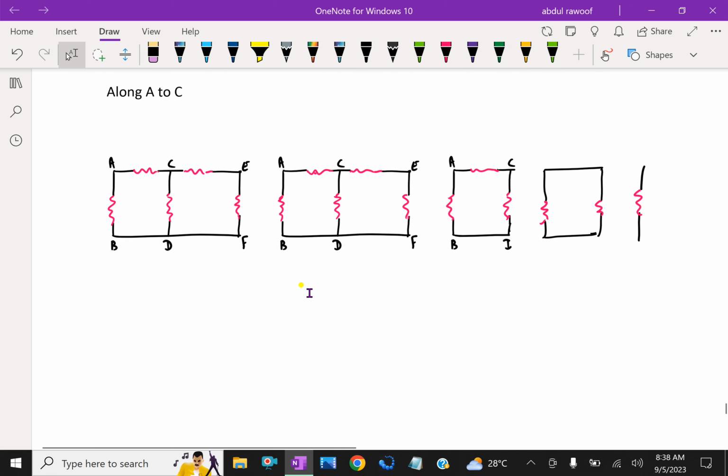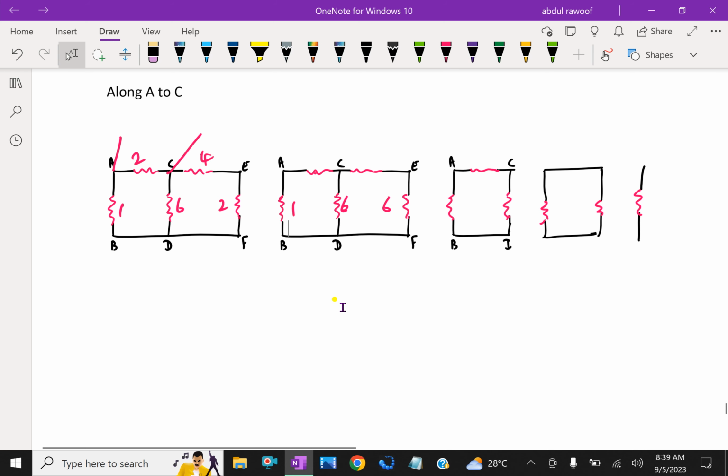Then A to C. Here A to C, that is 1 ohm, 2 ohm, 4 ohm, 6 ohm and 2 ohm. Here A to C you have to find. Then A to C means here 6, 4 and 2 is 6 here. And this also 6, then this becomes 1.